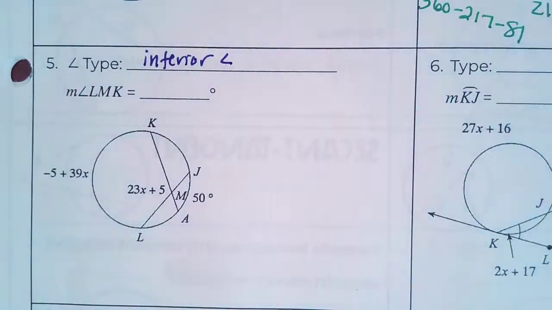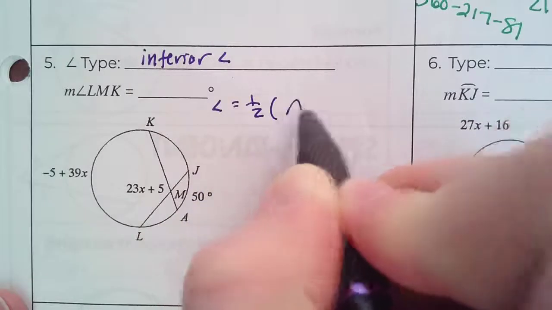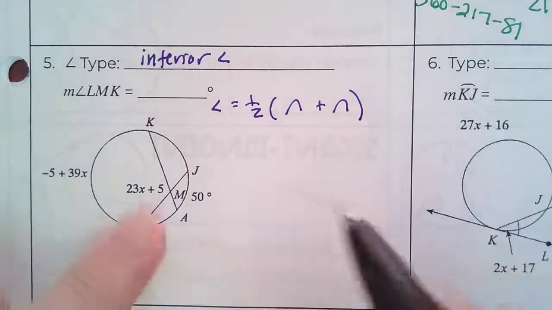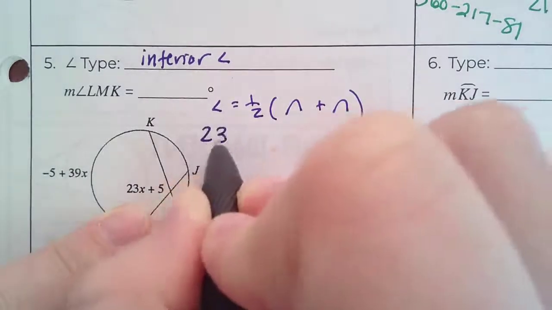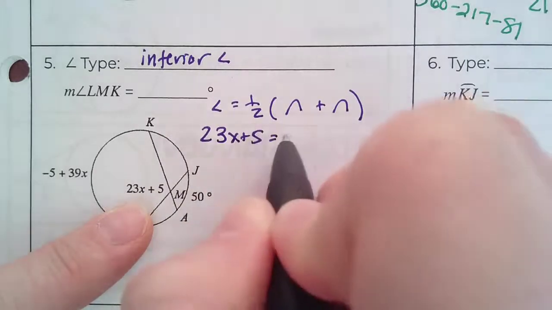So the formula for this is 1/2 angle equals 1/2 arc plus arc. So my angle is 23x plus 5 equals 1/2.